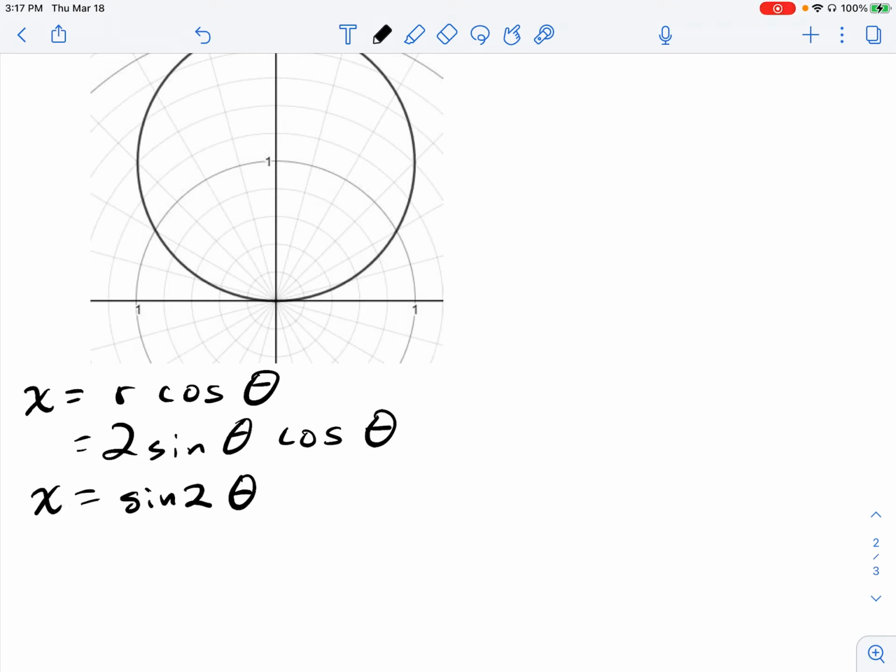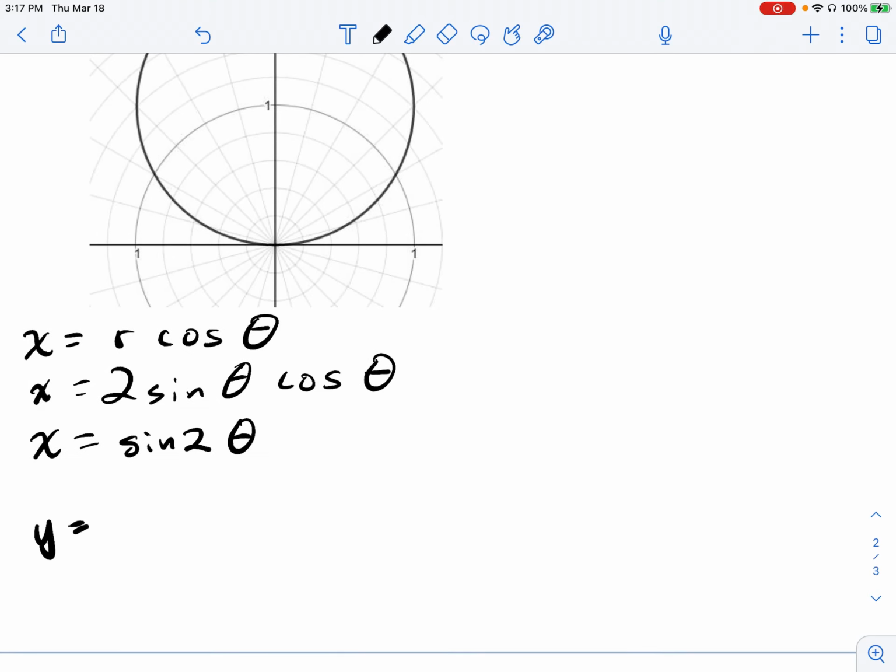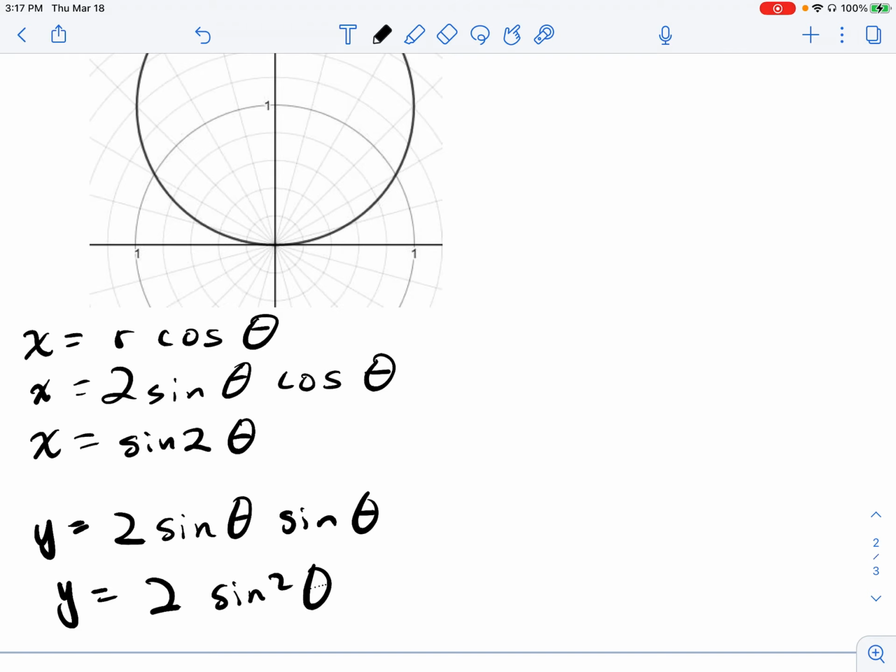When we have to differentiate this, it might be nice to just have everything in terms of sine instead of having to use the product rule, but it's completely up to you. Next up, we're going to write our y equation. So y is equal to 2 sine theta times sine theta, right? This was r sine theta times sine theta. So y is equal to 2 sine squared theta, okay?